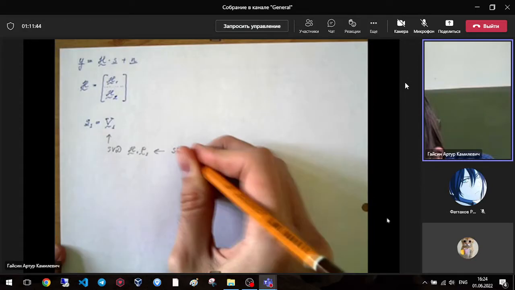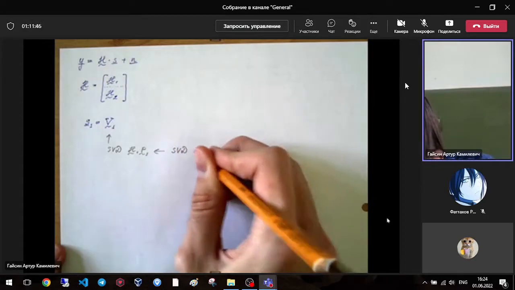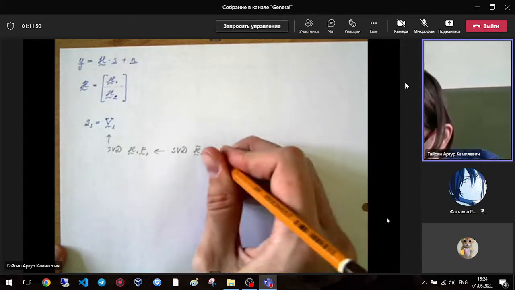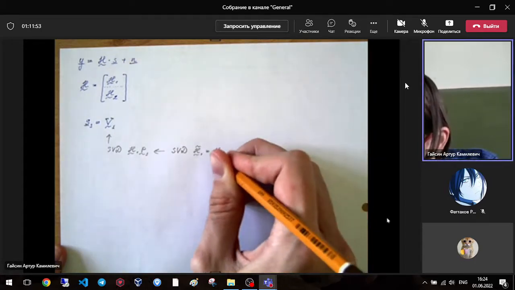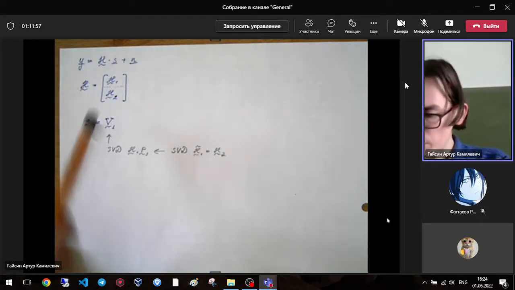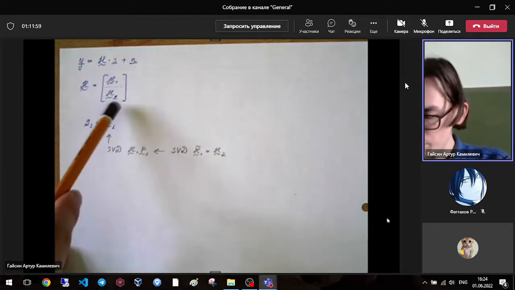So SVD of H1 tilde, which is equal in this case to H2. You can see we need to write this H1 tilde without our channel H1, so it is just H2.